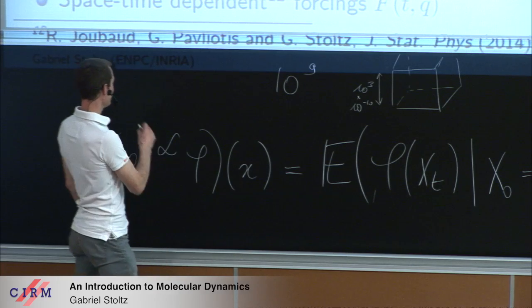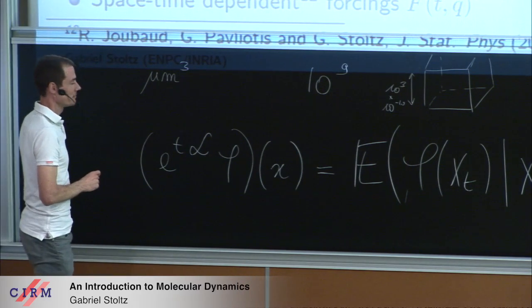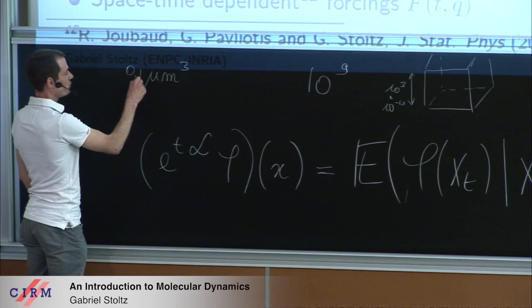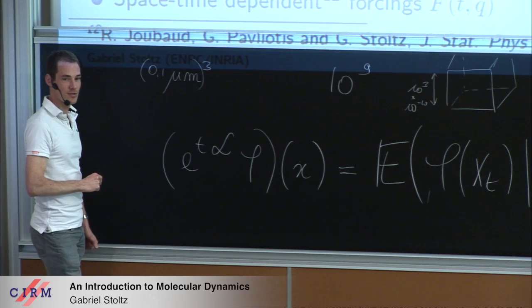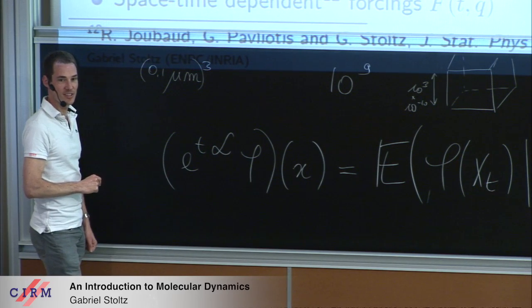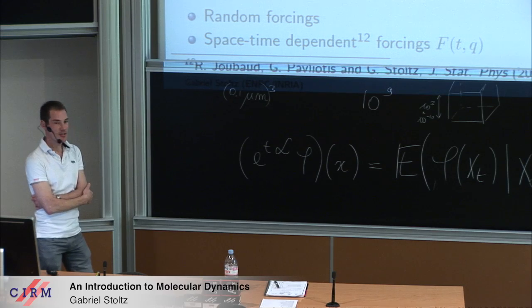So we can talk about something like a fraction of a micrometer cubed, like 0.1 cubed. So I don't know what the size of the pores you have, but probably it's larger than that. No, in clays, for example, the typical pore sizes are 10 nanometers. 10 nanometers. Oh, okay, so I mean, this is only 10 times larger then.